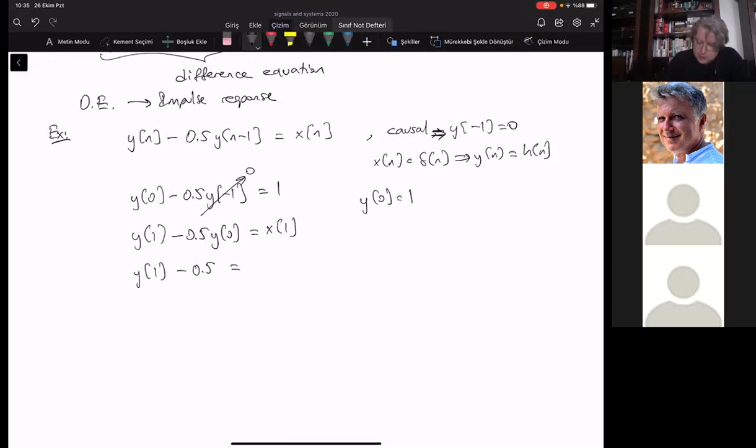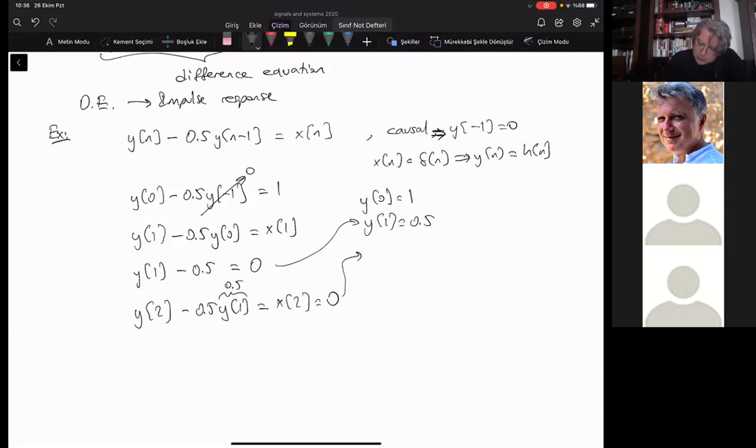So x of 1 is 0. Okay. So what is y1? It is 0.5. Okay. Then y2 minus 0.5 y1 is equal to x2, which is 0, and y1 was 0.5. So what is y2? y2 minus 0.5 square is 0, so y2 is 0.5 square, 0.25.